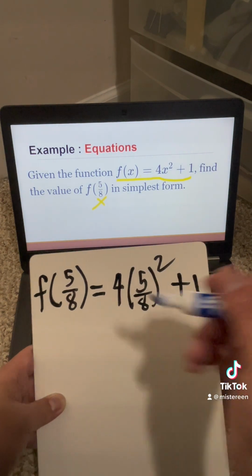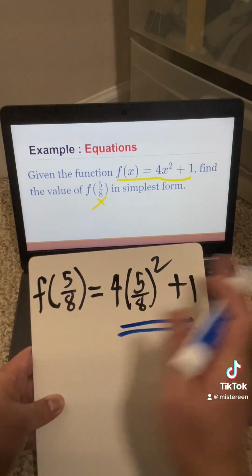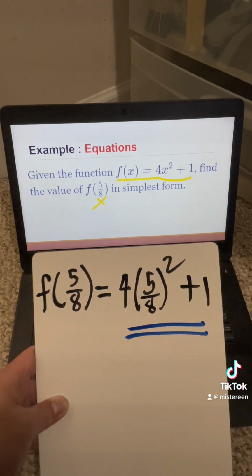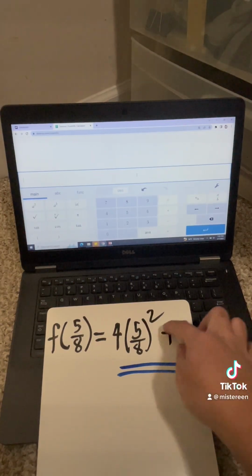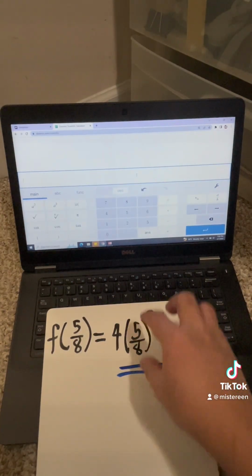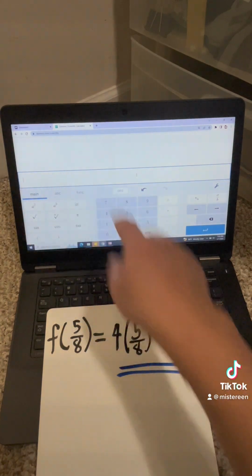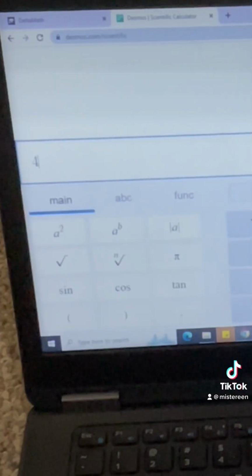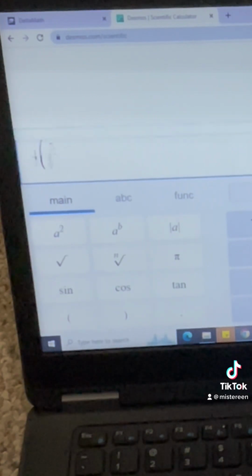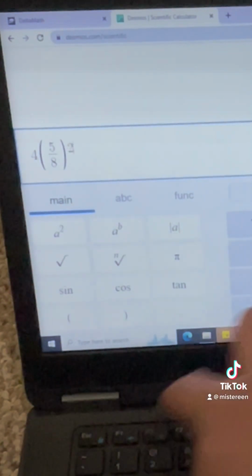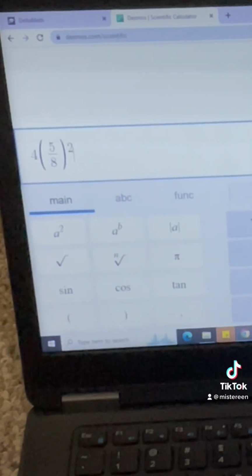And then we just simplify this right side using our Desmos calculator. We just need to type in this right side exactly how it appears in here. So we have 4 and then parentheses 5 over 8, close it, then squared, and then plus 1.